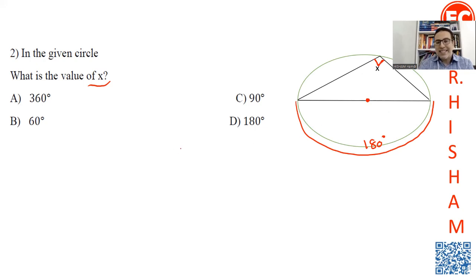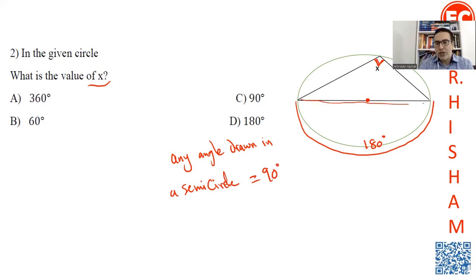Or we can say that any angle drawn in a semicircle is equal to 90 degrees. Any angle opposite to a diameter, its measure is 90 degrees.